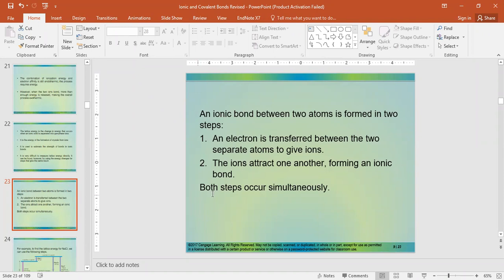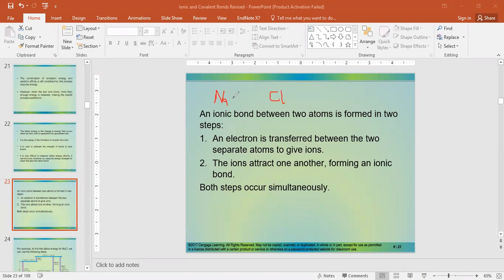You can see that an ionic bond between two atoms is formed in two main steps. One, an electron or a number of electrons are transferred between two separate atoms to give ions. For example, if I may write this, you have sodium here, and you have a chlorine here.